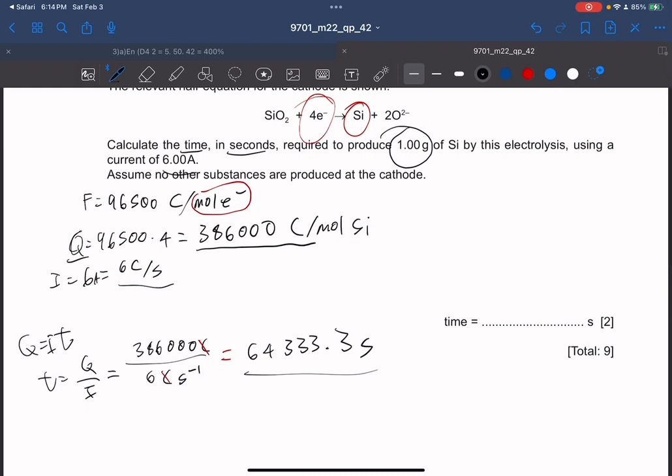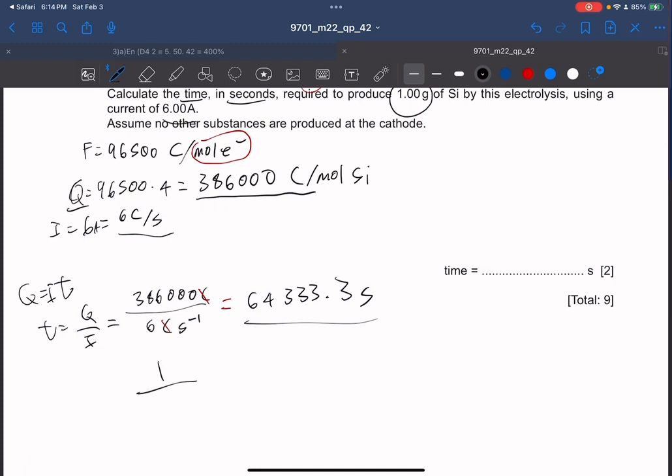And to produce 1 gram, it means we need 1 over the Mr of silicon. The Mr of silicon is gonna be 28.1. So we need, how much is that? We need 0.03559 moles.